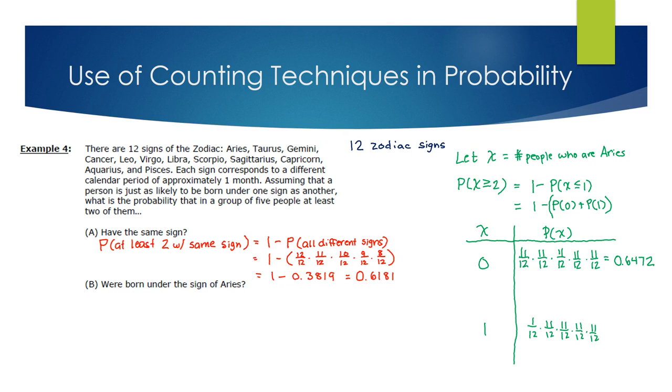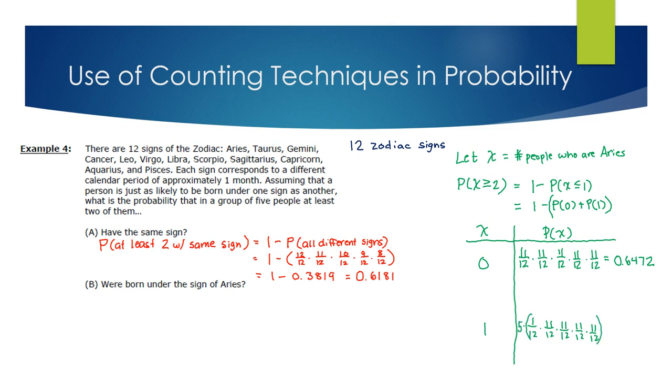It could be that the last person chosen is an Aries and the four that preceded him were not. It could be that the first two are not Aries, the third one is, and the next two are not. So I have to think about how many possible ways could I get one person that is an Aries and four people that are not? And there's 5 different ways for that to happen.